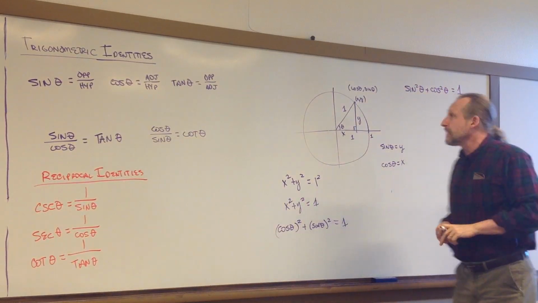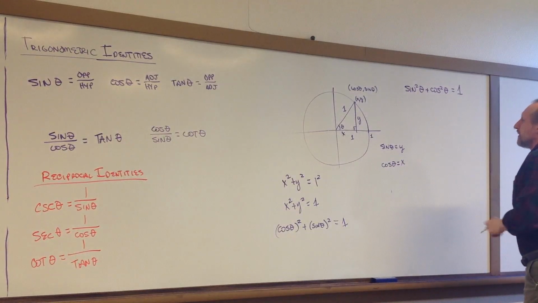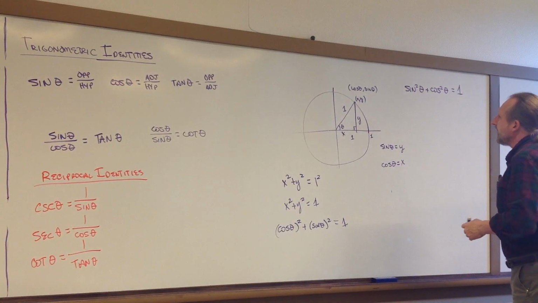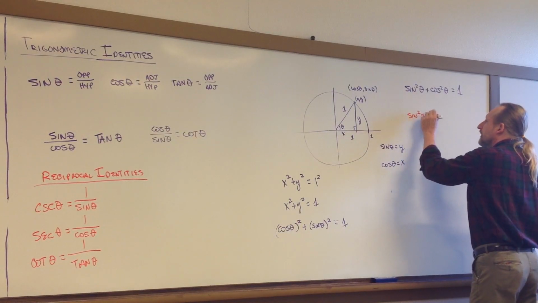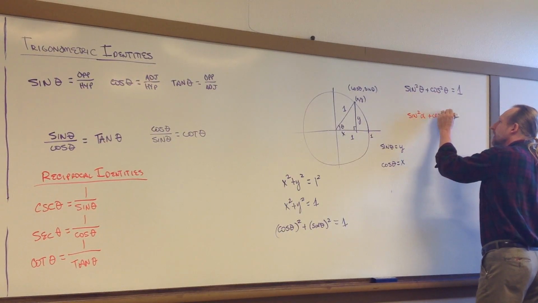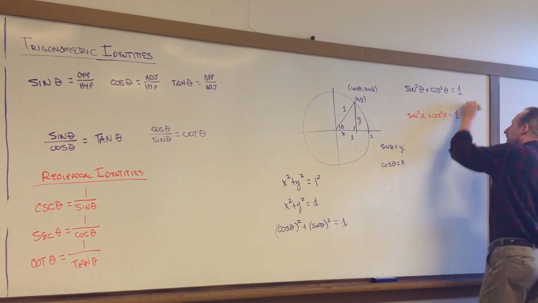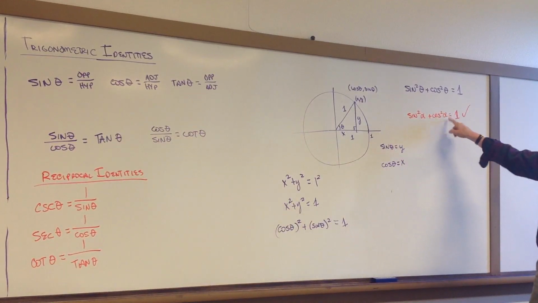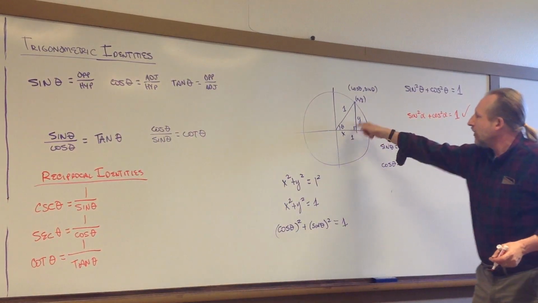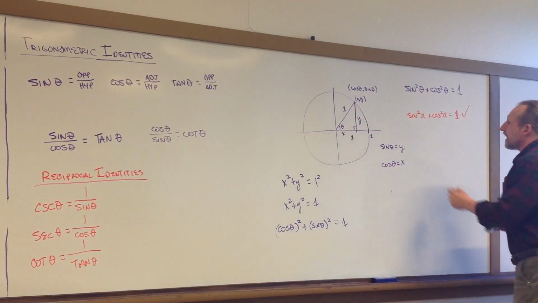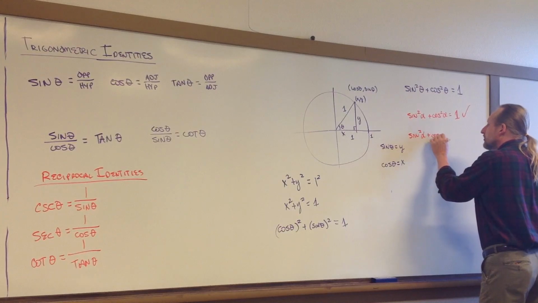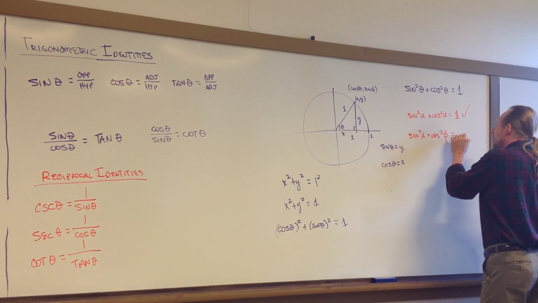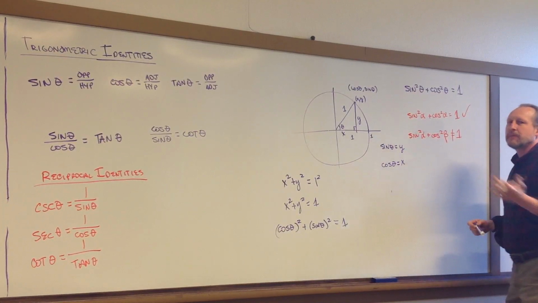Now, one thing I want to mention here that's important is that you could say sine squared alpha plus cosine squared alpha equals 1. True. Alpha is any angle, then this will always be true. If you say sine squared alpha plus cosine squared beta, that may or may not be true.